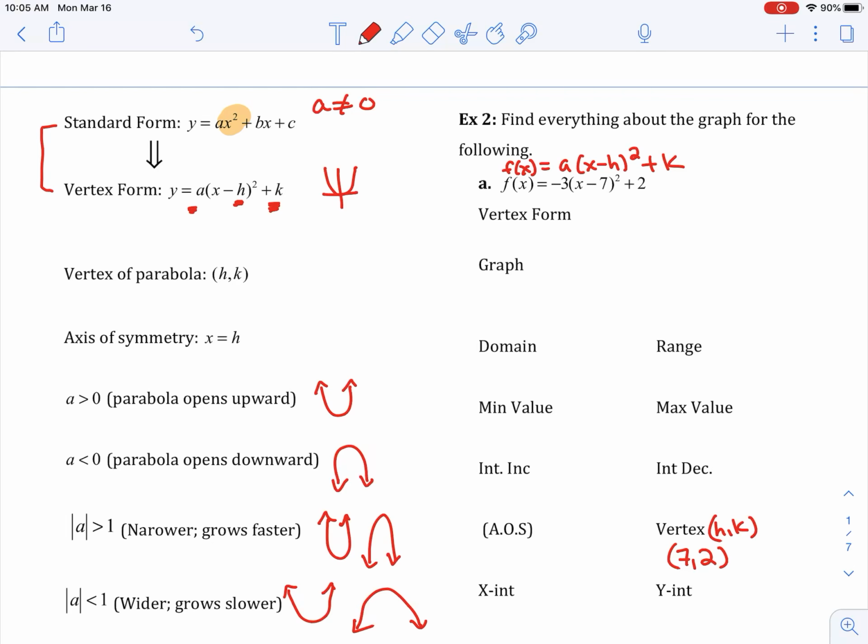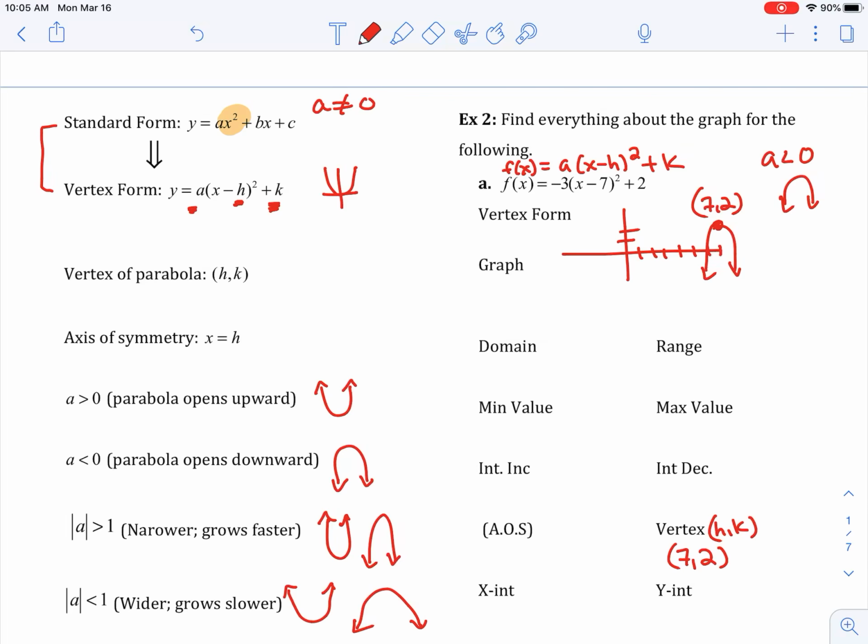And because our a term is a -3, because our a is less than 0, we know that our graph is going to be opening downward. So in terms of our graph, our vertex is at the 7, 2, and it's opening downward, so it's going to be looking something like that.